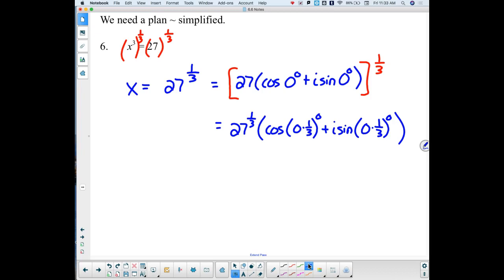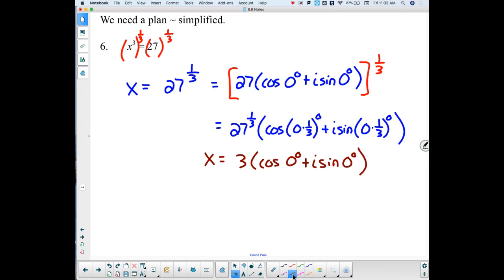So my first root here is going to be x equals 3 times the cosine of 0 degrees plus I times the sine of 0 degrees.